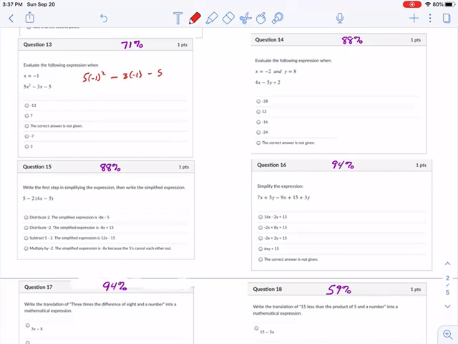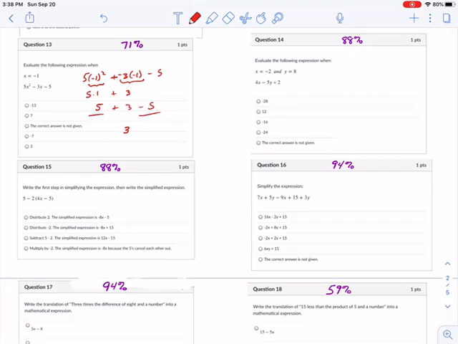Negative 1 squared is negative 1 times negative 1, which is positive 1. So this is 5 times 1, which is 5. Now, this minus sign can be written as plus a negative. So that's plus negative 3 times negative 1, a negative times a negative, so that's positive 3. 5 plus 3 minus 5. The 5 and the minus 5 cancel each other out, really. So it's just 3.